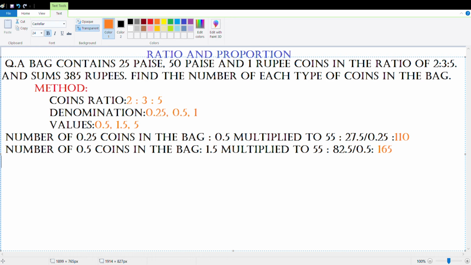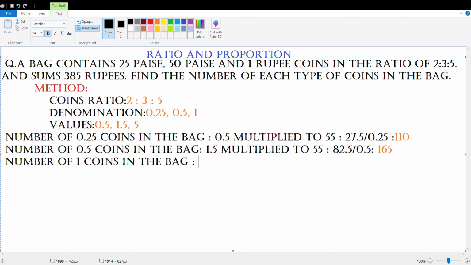Okay, now let's do the last step. So the number of 1 rupee coins in the bag would be, so the value of 5 and 1 would be 5.